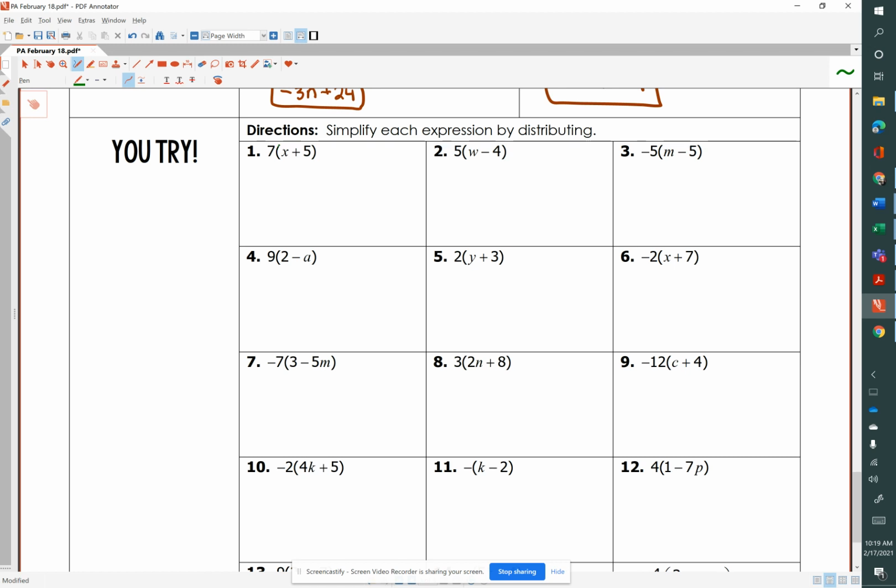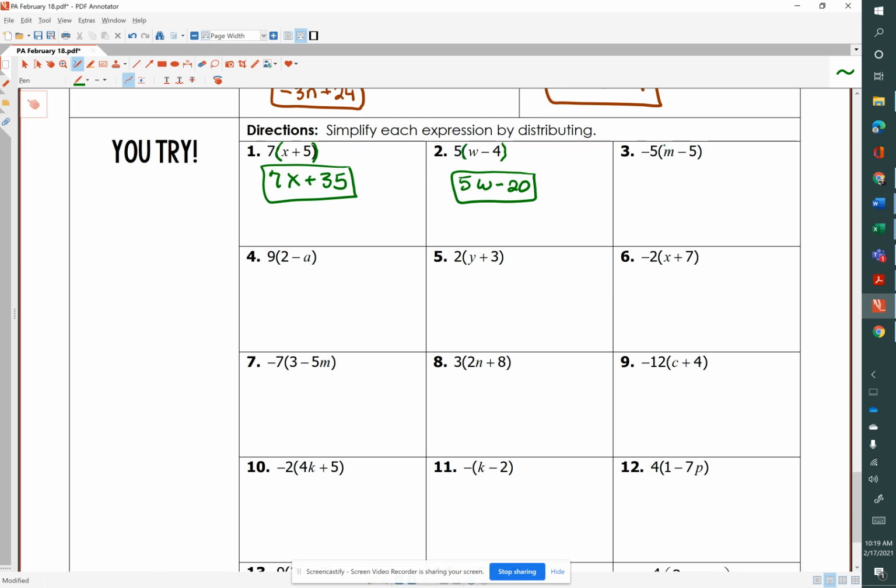So 7 times the quantity of x plus 5 is 7x plus 35. 5 times the quantity of w minus 4 is 5w minus 20.